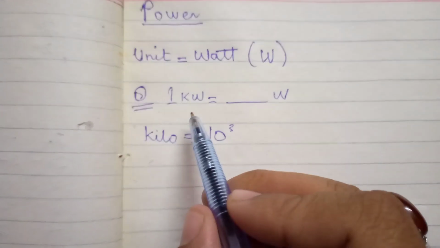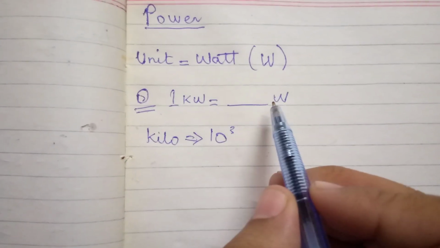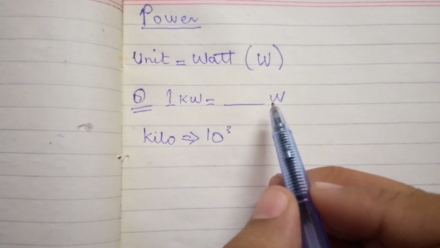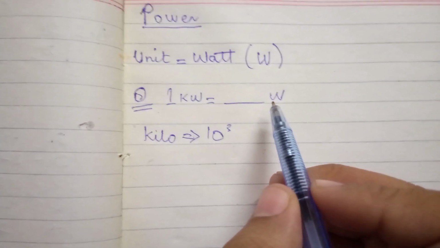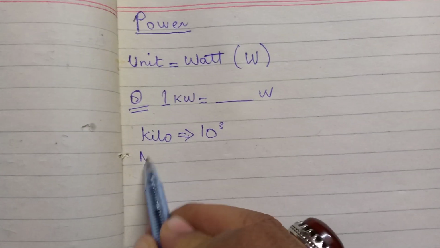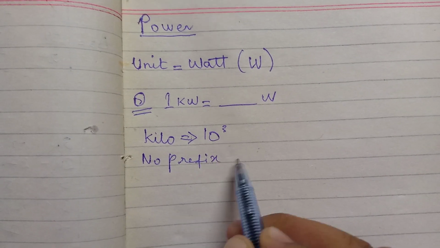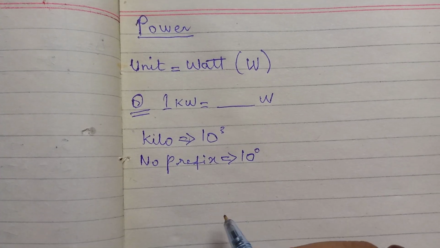It means you are just converting kilo into watts. So if there is no prefix written with the unit, then the multiplier is 10 raised to the power 0. No prefix means the multiplier is 10 raised to the power 0.